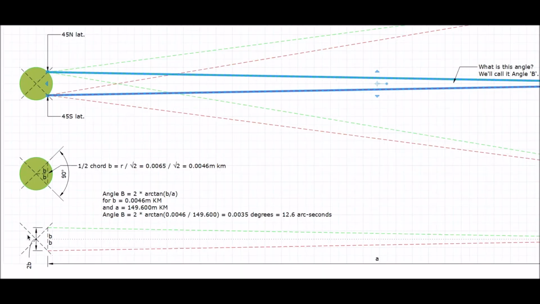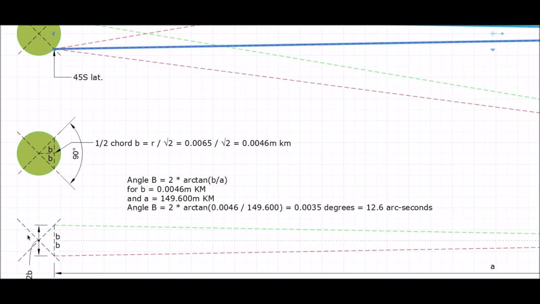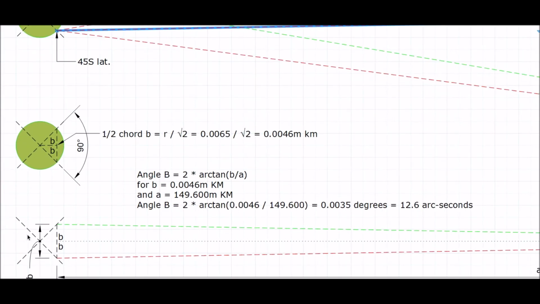Down in this bottom here, I'm not going to go through every step of it. I've done the math. You can always pause it and read through. I'll just quickly go through it. The chord length I've divided in half and called half of it little b, and I've gotten the half chord length. Then I've used that in a right triangle, so I'm looking at half the isosceles triangle.